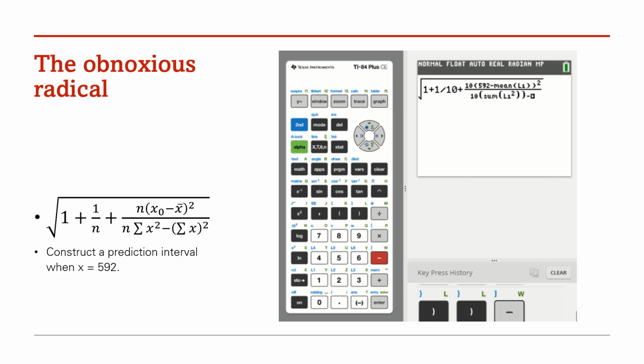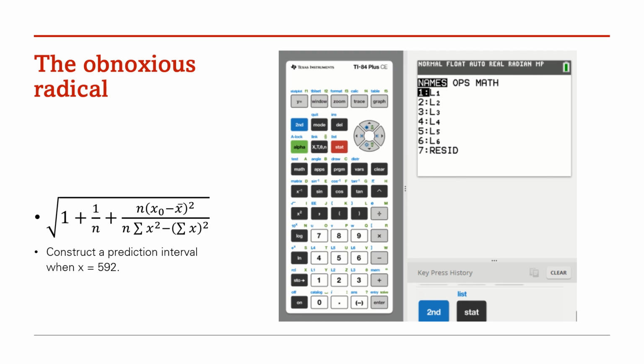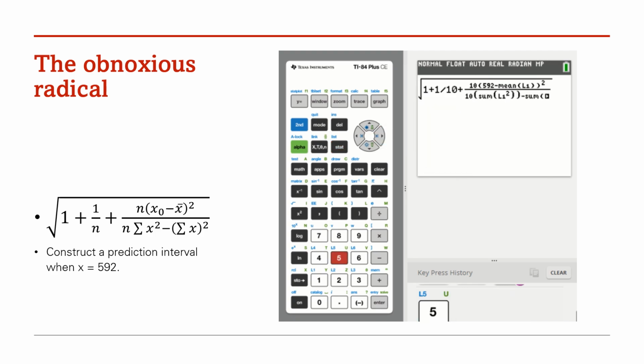Minus, the next thing is going to be the sum of L1, and then we're going to square that. So I'm going to say second stat, math, sum of L1. We're going to close it, and then we're going to square right there. And hit enter.